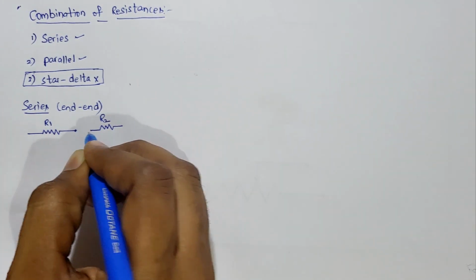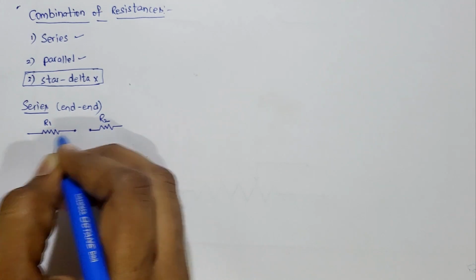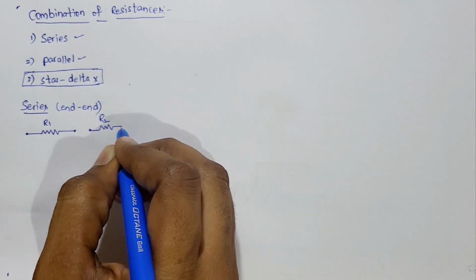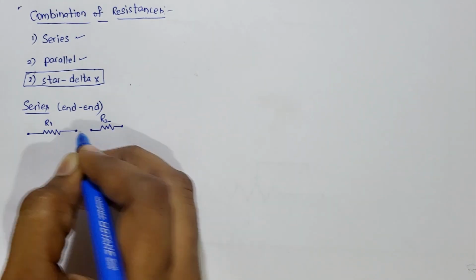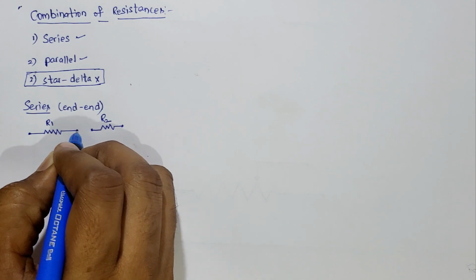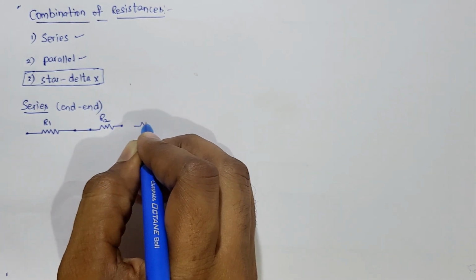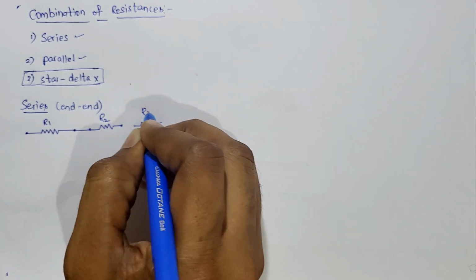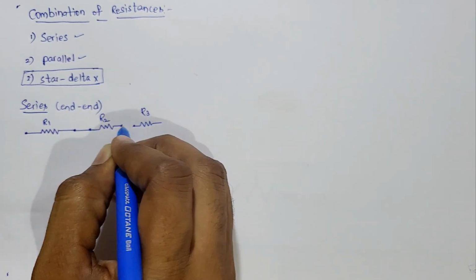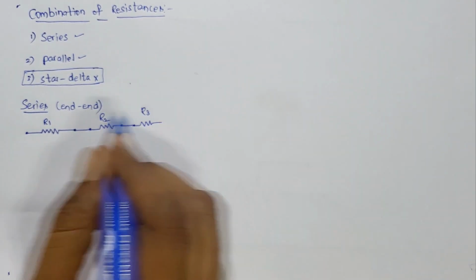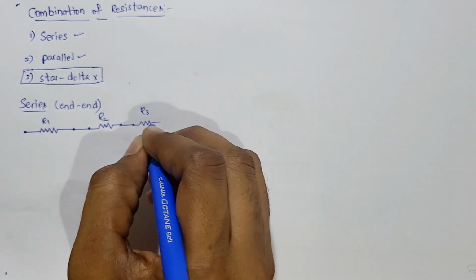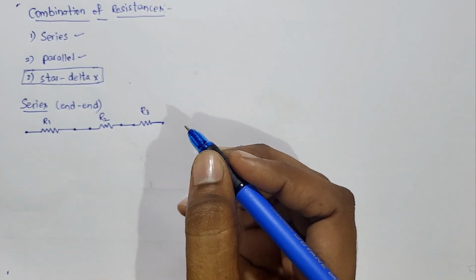This end should be connected to this end. These two are the terminals of the resistance. This end should be connected to the next end. Suppose there is one more resistance like this, R3, then this end should be connected to that end. This type of connection we call a series connection.